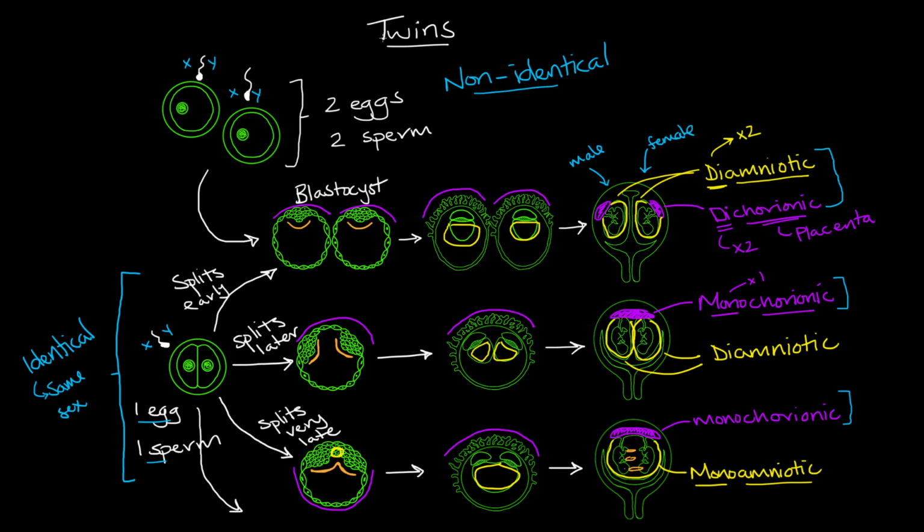And so those are conjoined twins. This is extremely rare and very dangerous for the babies. But this is another potential outcome of twins, but we won't really talk about conjoined twins very much because it's so rare.